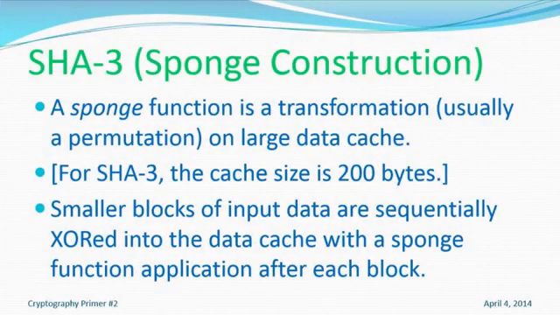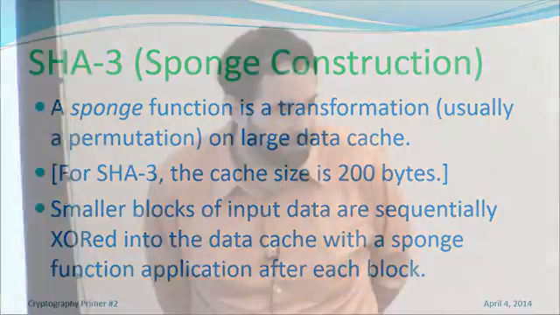SHA-3 is also something that's come around recently. There was a competition that just finished not long ago, about a year ago, for a new hash function. The AES competition was regarded as so successful that, well, let's do it again. Let's get a new hash function.